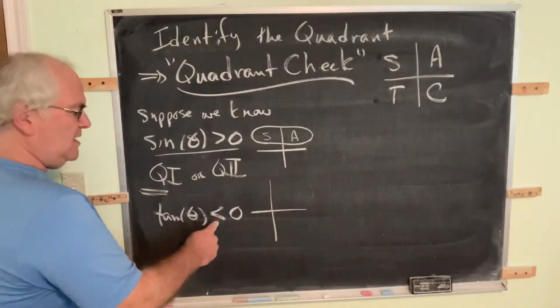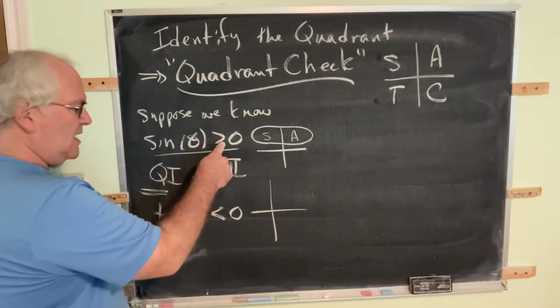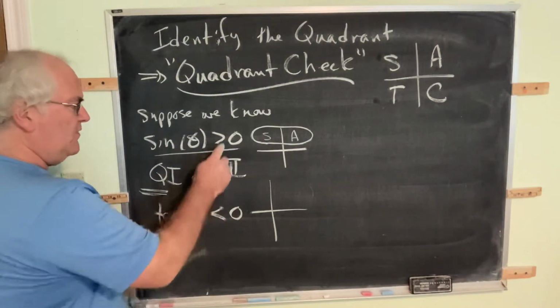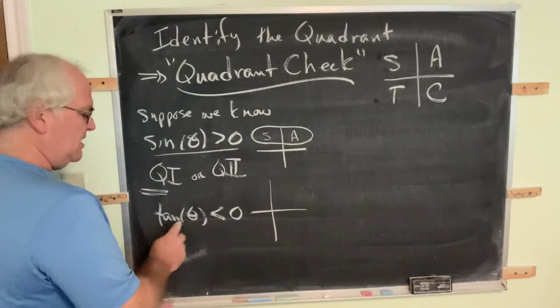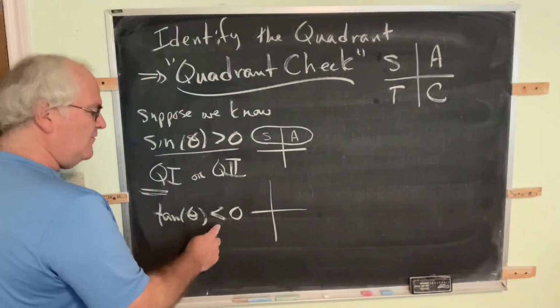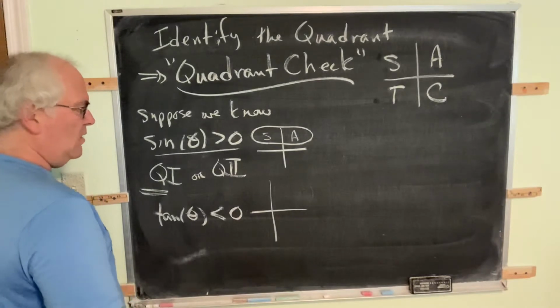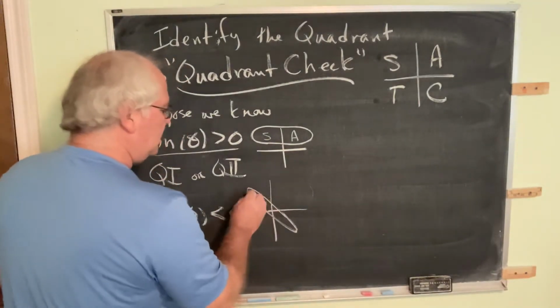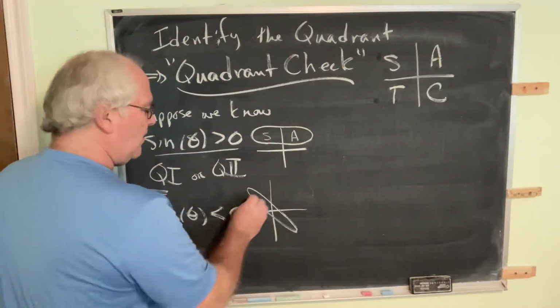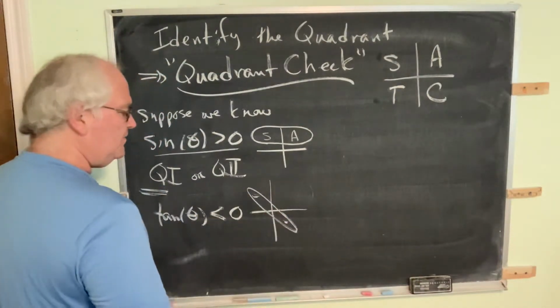Less than 0 means negative. Greater than 0 means positive. Tangent of theta less than 0 means tangent of theta is negative. Tangent is positive here and here, so tangent is negative here and here.